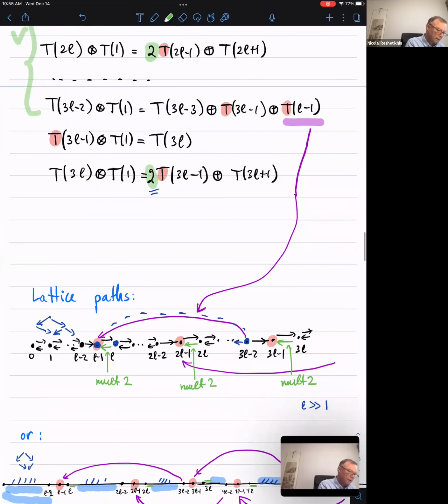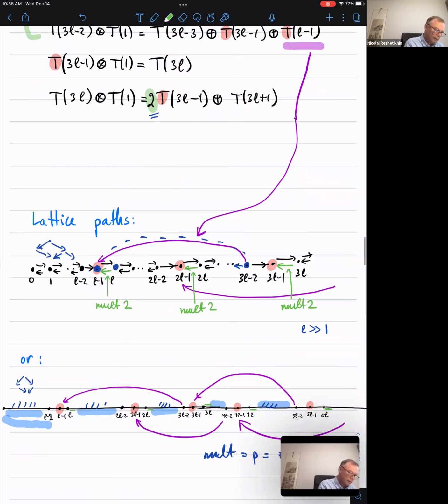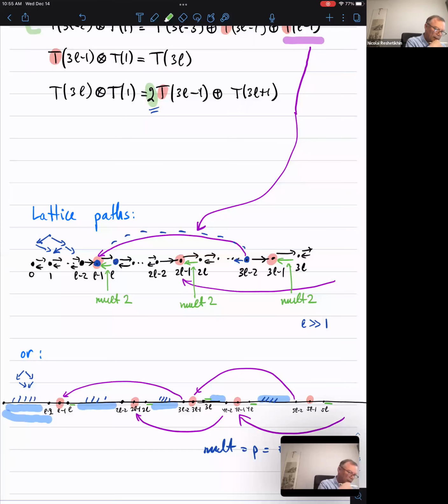So what are the lattice paths? Lattice paths in this case, here they are the same as for SL2. But then you see, you multiply V_{L-2} by C2, and then you get only one tilting representation, T_{L-1}. So the path goes only in one direction. And then you multiply T_{L-1} with C2.